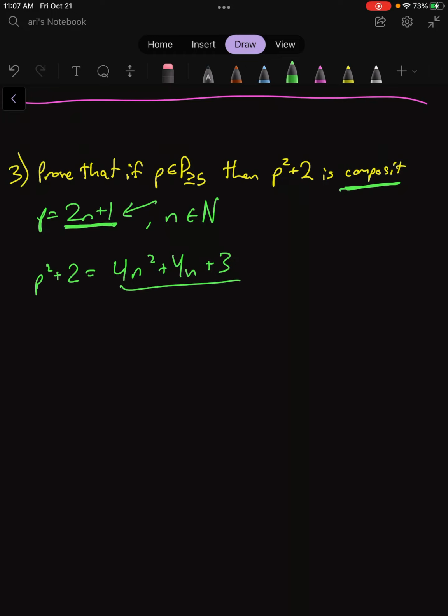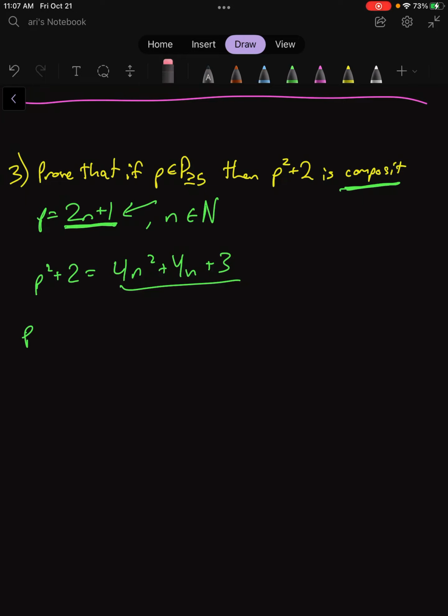When I look at this, I don't see a convenient way of factoring this. Maybe some of you who are really good at algebra can figure out a way, but I have no idea how I would go about this. So I would see this result and give up on this method and say, let's try plugging in a different thing for p. So let's go to the next one.